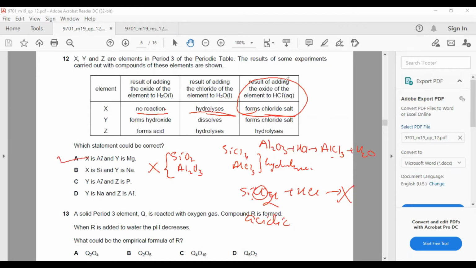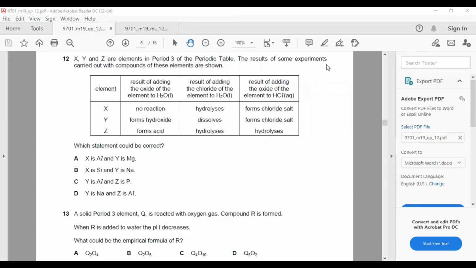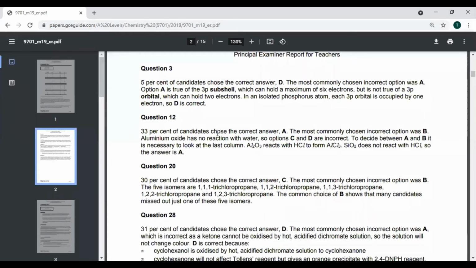A is the answer. Let me show you the examiner report. The examiner has also discussed this question. 33% of the students chose the correct answer A. The most commonly chosen answer was B. Aluminum oxide has no reaction with water, so options C and D are incorrect.